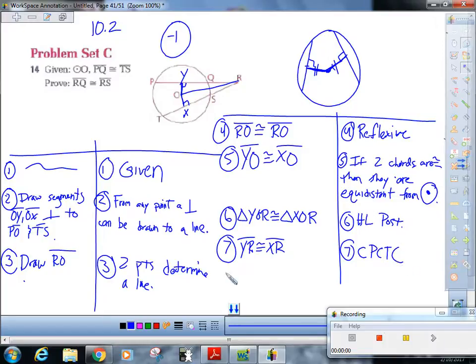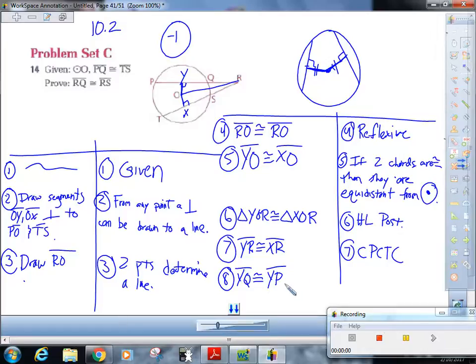And then I will say that YQ is congruent to YP and XS is congruent to SR.